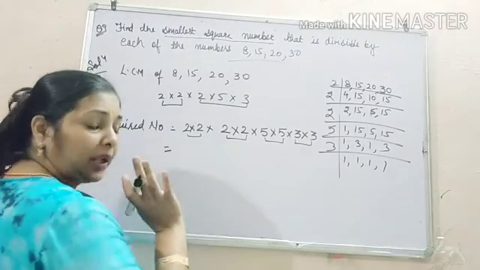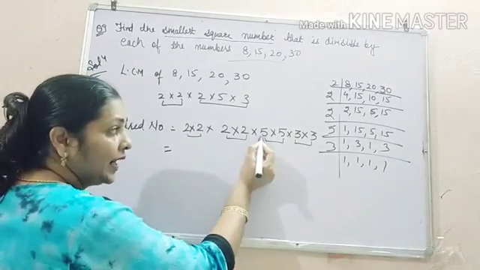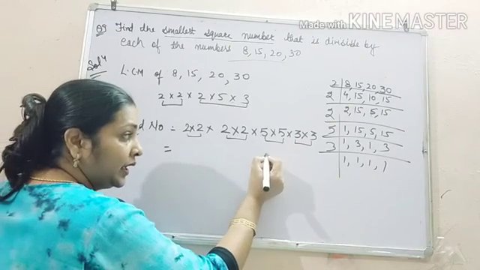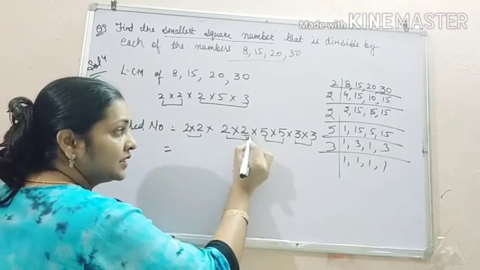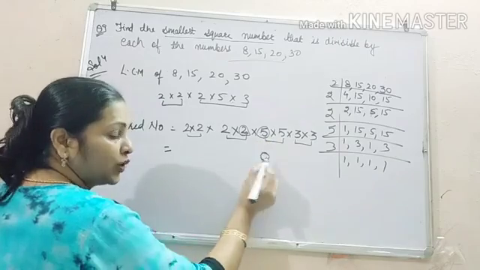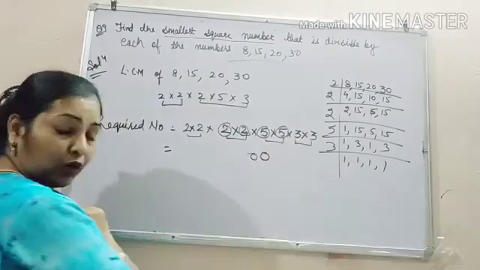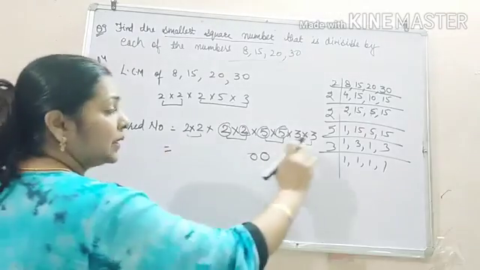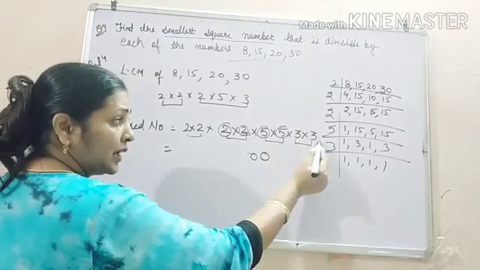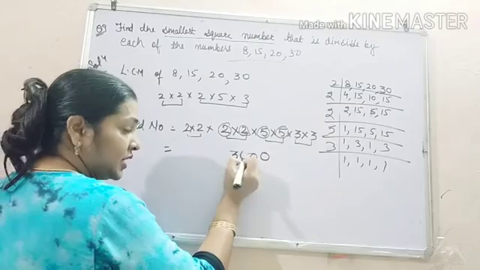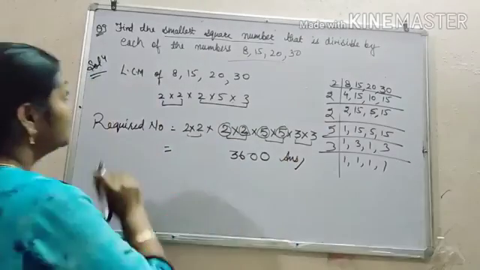Now for doing multiplication, I will tell you a trick. Whenever you get 2 and 5, it will make 0. 2 5s are 10. So instead of multiplying all things, whenever you get 2 and 5, just put a 0 for it. One more 2 and 5, put one more 0. And multiply the rest of the factors. 2 2s are 4, 4 3s are 12, 12 3s are 36. So you get the answer as 3600.